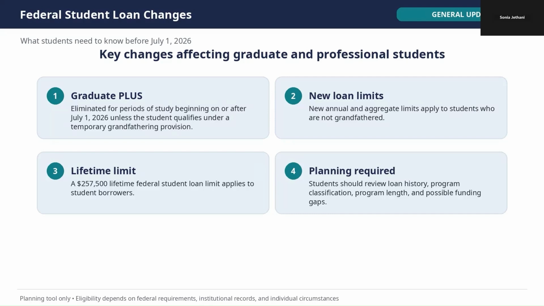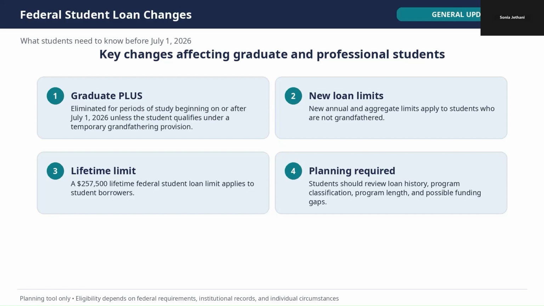Key federal loan changes. Beginning July 1st, 2026, federal student loan rules are changing in several important ways. First, Graduate PLUS loans will no longer be available for periods of study beginning on or after July 1st, 2026, unless a student qualifies under a temporary grandfathering provision.